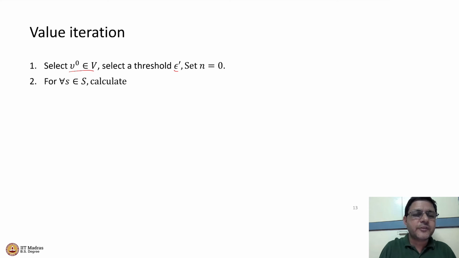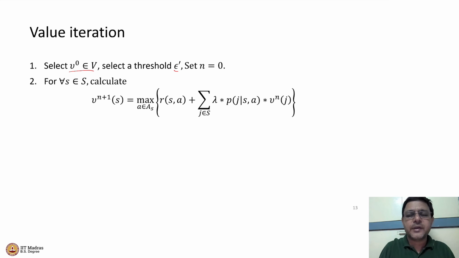So for all values of S, we calculate this guy, where we plug in this V0, right? So when we calculate V1 of S, we will use V0 of S, and V0 of S is arbitrarily selected. We may select all the V0s to be 0, doesn't matter. We'll select some values of V0 for all states.